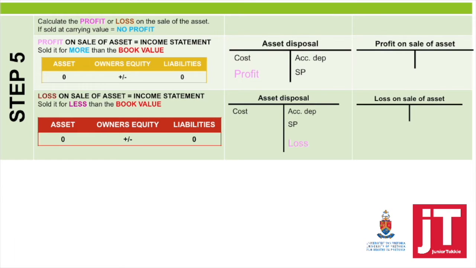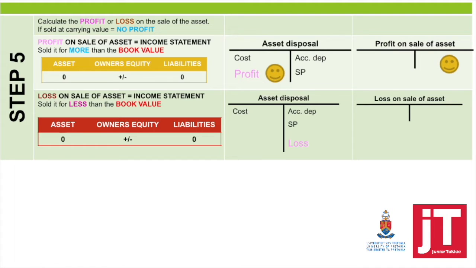Step number 5, calculate if you made a profit or a loss on the sale of the asset. If we made a profit, it means the asset disposal is debited, profit on sale of asset is credited. Your owner's equity will be plus minus. Reminder, when we sell it for more than the book value, it means we made a profit.